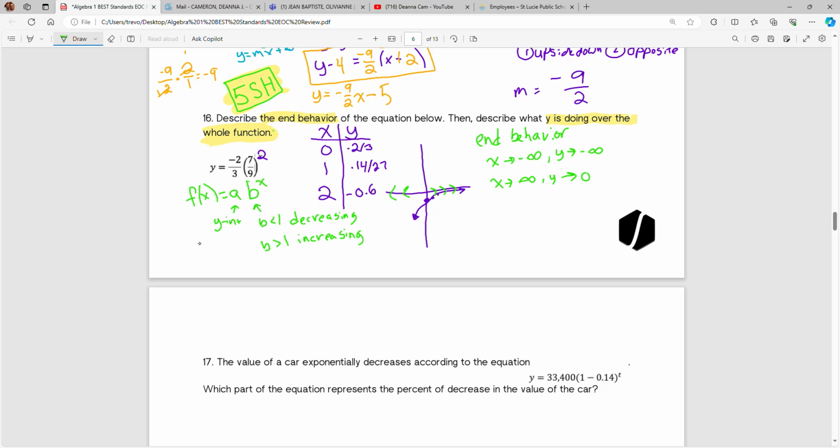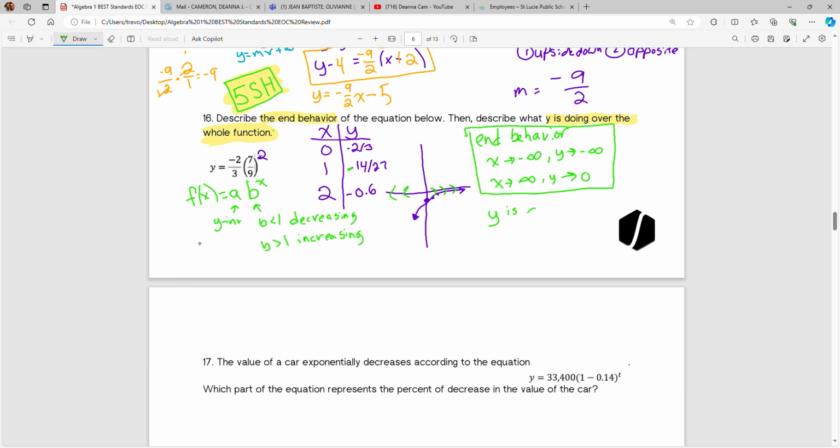That was the first part of the question. And the second part of the question says, what is y doing over the whole function? And our y is always negative. Negative, negative, negative. So we'll write that in. That's the second part of the answer.